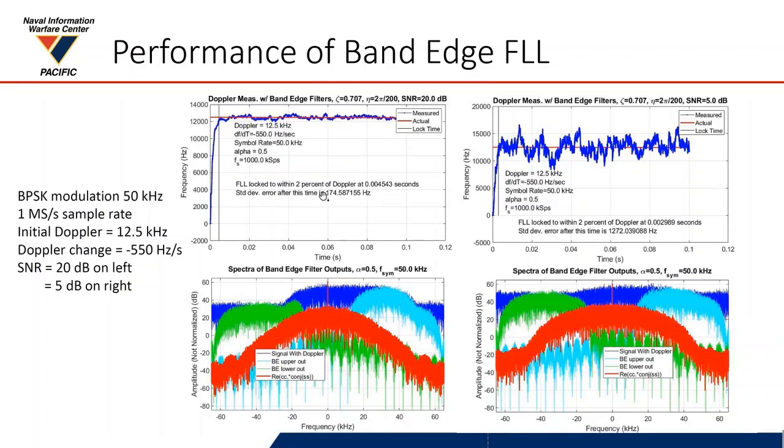So we get a very fast locking time with this, but in the 5 dB SNR case, our standard deviation of frequency error gets worse, as one would expect. If we wanted to improve that, we would have to make a trade between our ability to lock quickly. So we would be changing these loop parameters, the damping factor zeta or the loop bandwidth eta, in order to improve that.